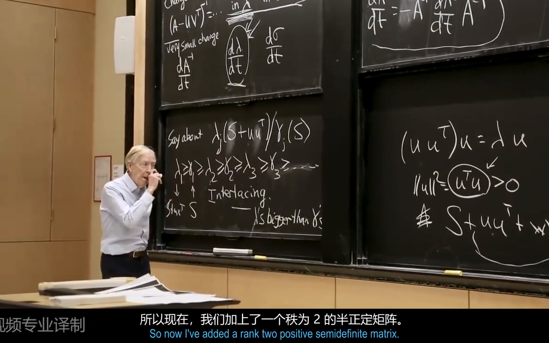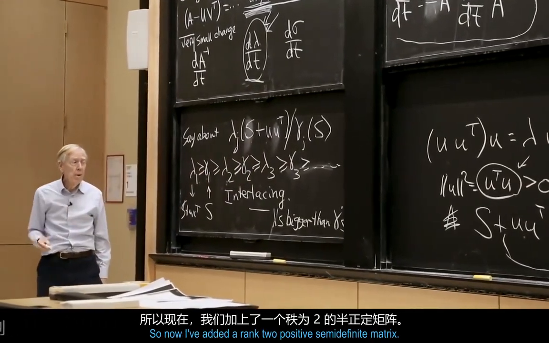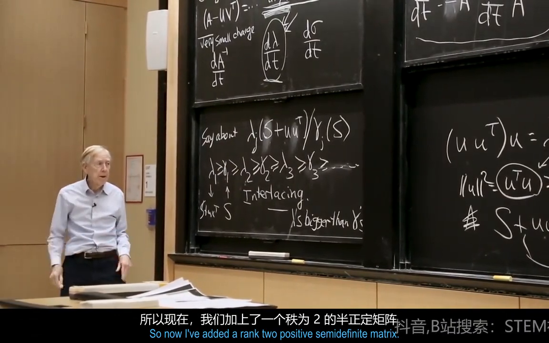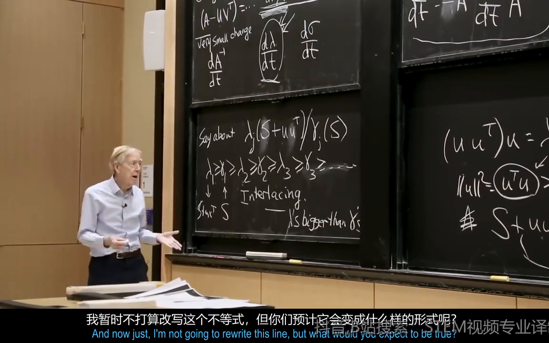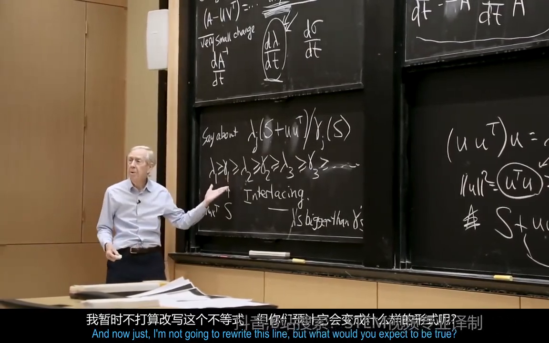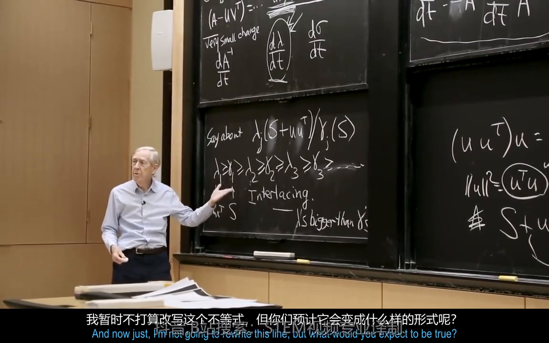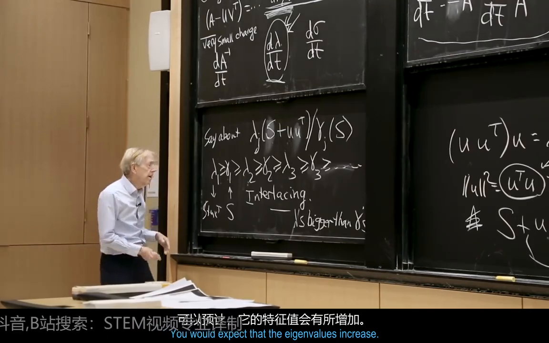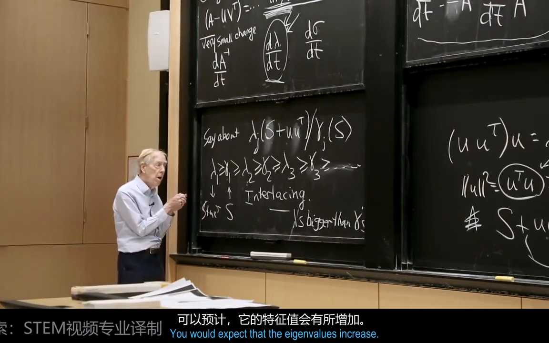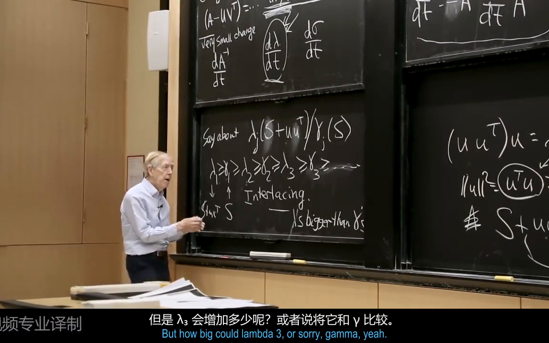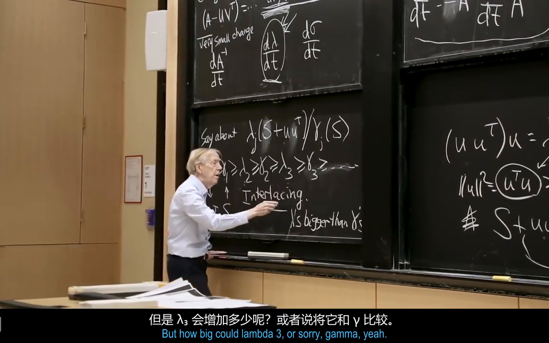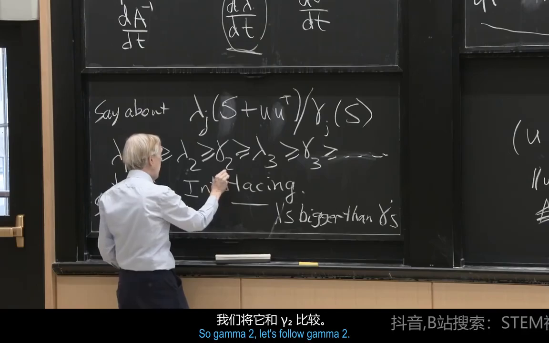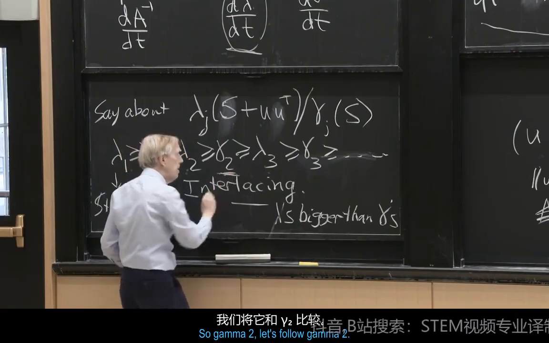So now I've added a rank 2 positive semi-definite matrix. And now I'm not going to rewrite this line, but what would you expect to be true? You would expect that the eigenvalues increase. But how big could gamma 2, let's follow gamma 2.